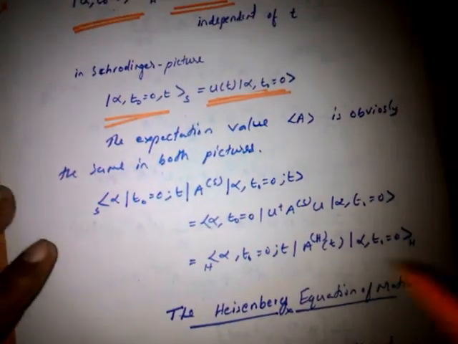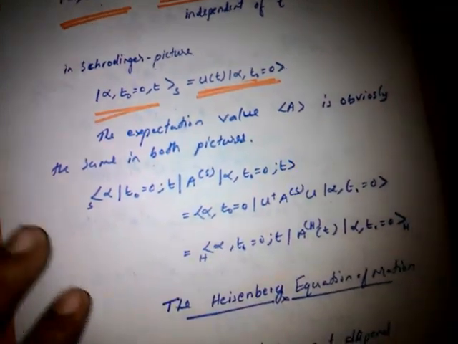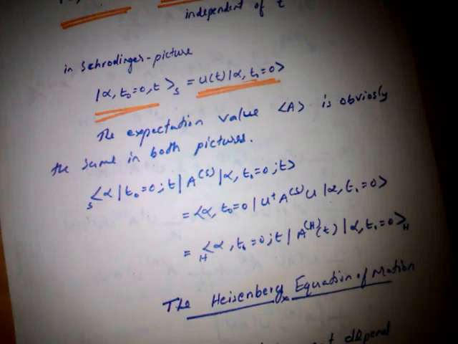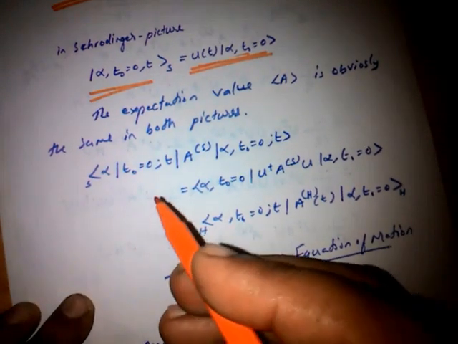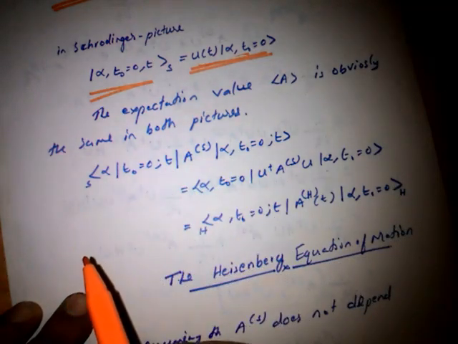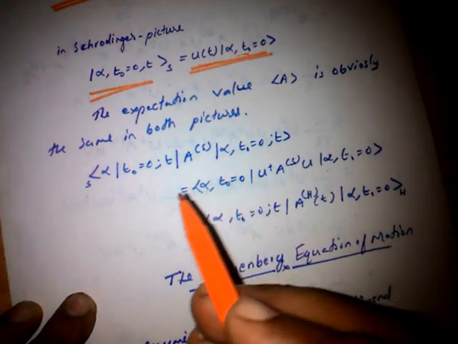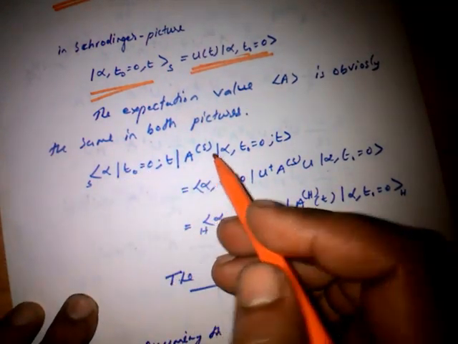And earlier we discussed that the expectation value of an operator is obviously the same for both pictures. The expectation value is not changing with respect to time, whether we consider approach 1, Schrodinger's picture, or approach 2, Heisenberg's picture; our expectation value should be the same.